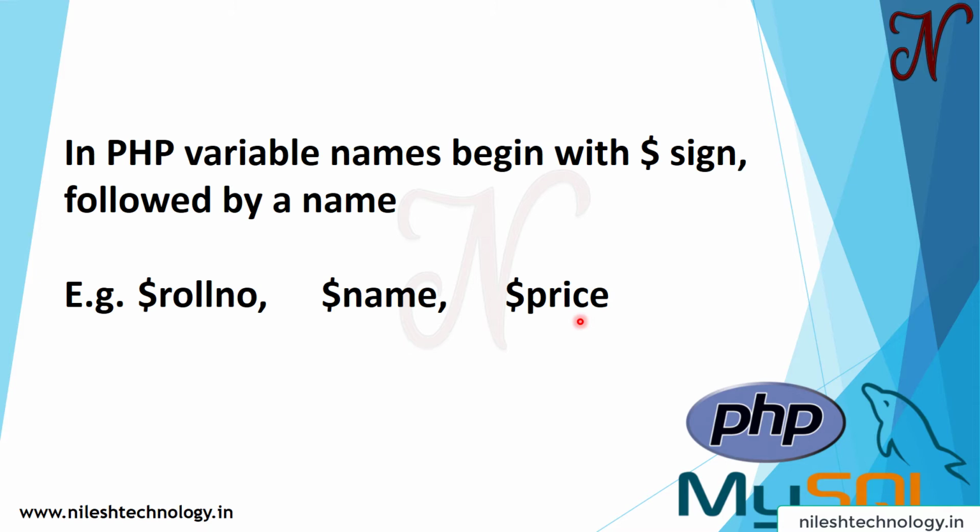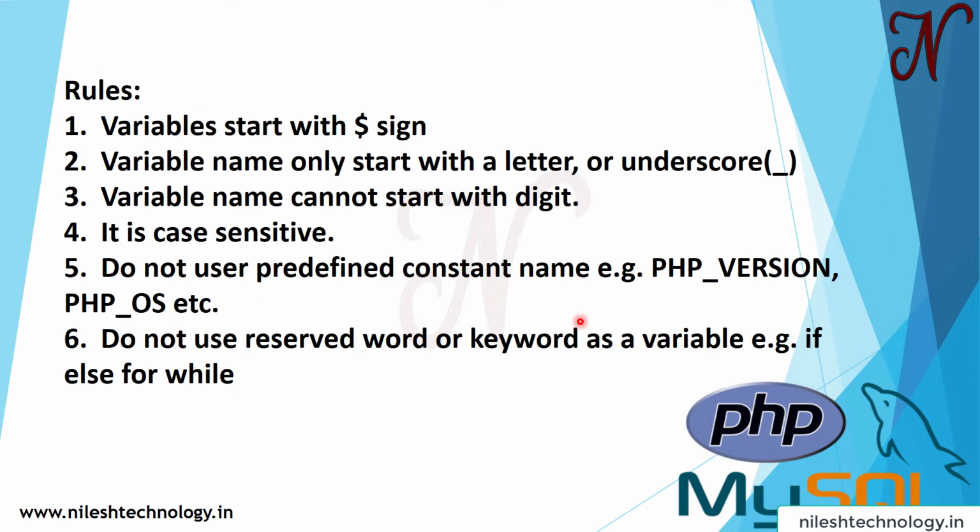Then there are some rules of a variable. Every variable starts with a $ sign. The variable name can only start with a letter or an underscore. A variable name cannot start with a digit. It is case sensitive, which means that if you declare the variable in lowercase, you cannot use it in uppercase in the program. Do not use predefined constant names.